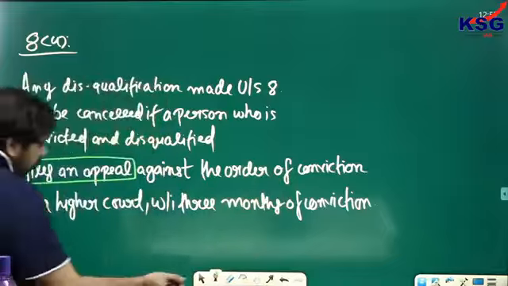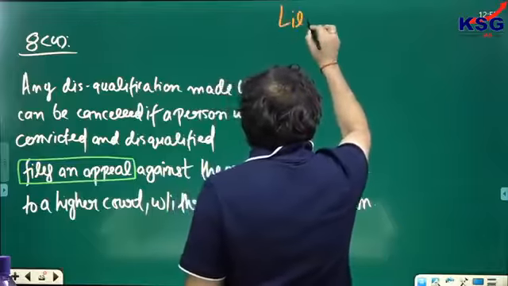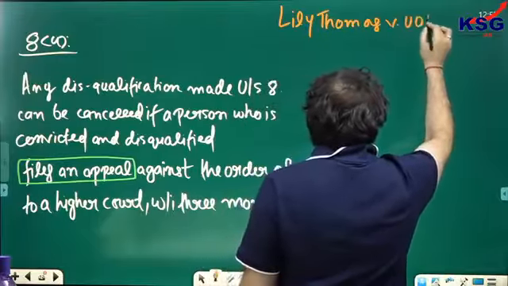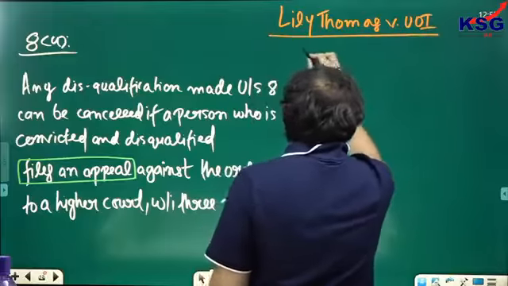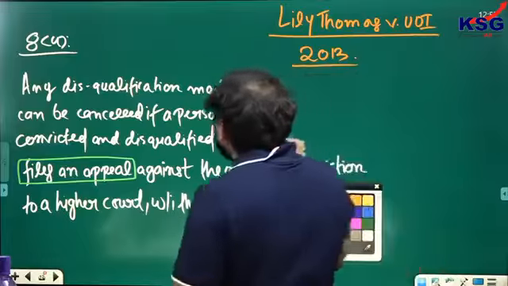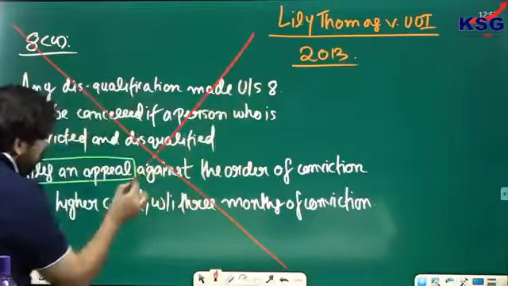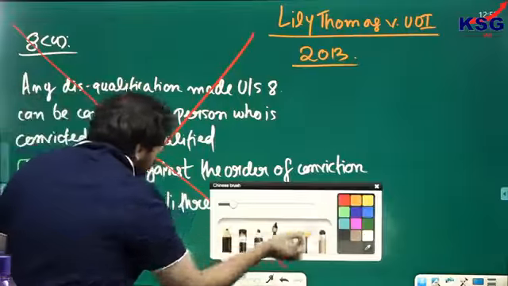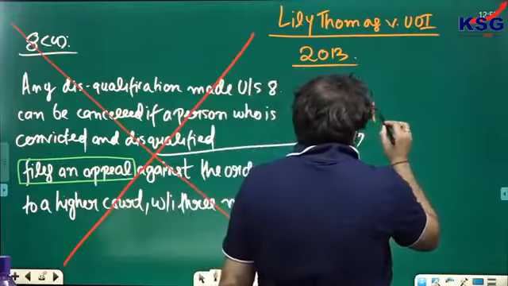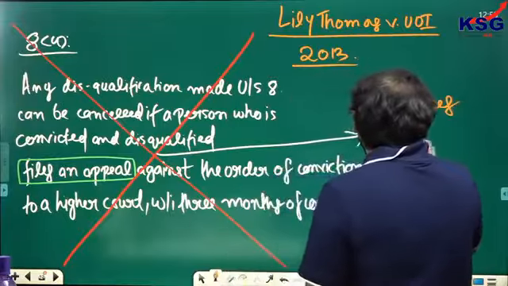You see? And that is why a public interest activist from Kerala by the name of Lily Thomas had filed a petition before the Supreme Court of India in 2013, in which the Supreme Court of India struck down section 8 subsection 4 as unconstitutional, stating that the parliament cannot make a law like this because it is ultra vires the power of parliament.